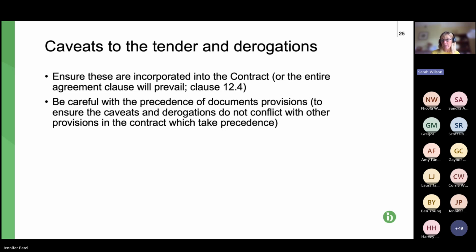So if there's an ambiguity between the NEC and the caveats, then the NEC takes priority, and the caveats basically, we can just delete them, we can ignore them, they have no effect. So it's really important, and hopefully you can see that, to ensure that those caveats take priority. They're just a couple of points to note.